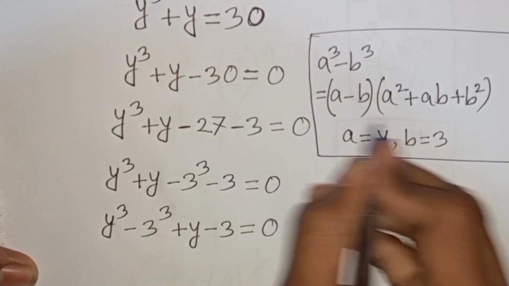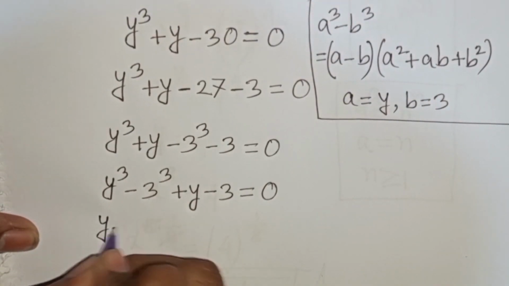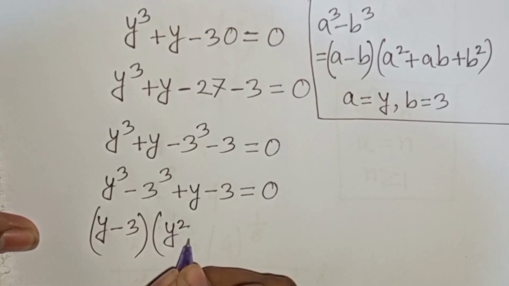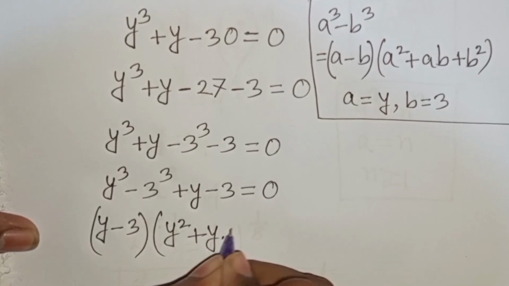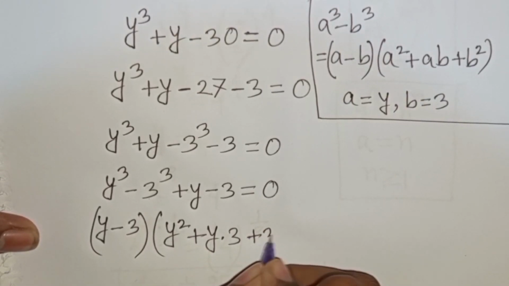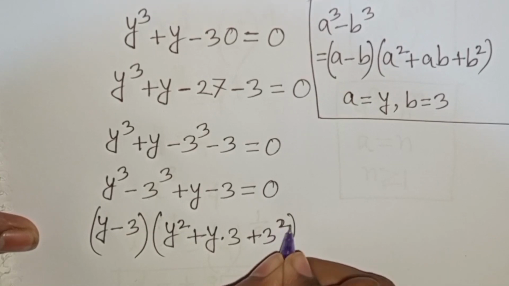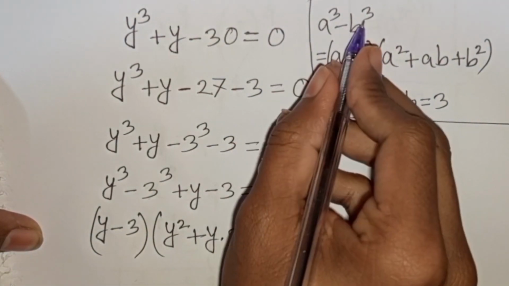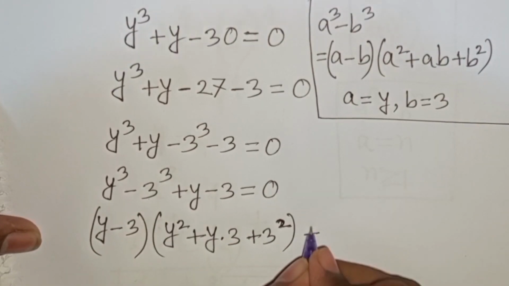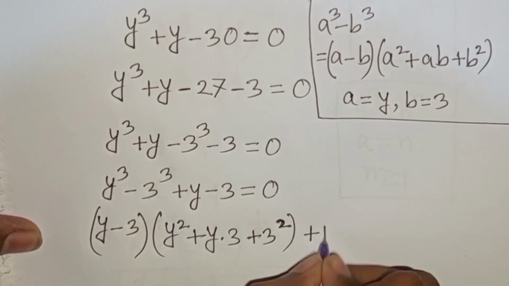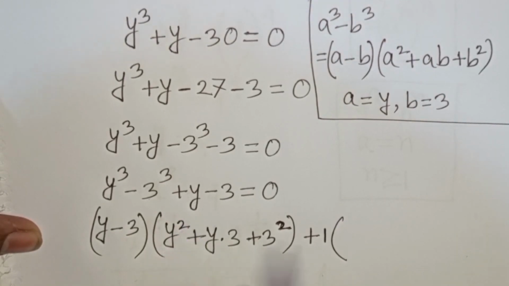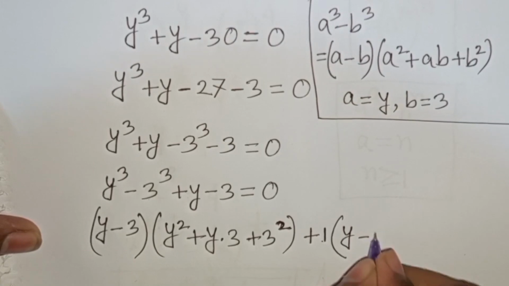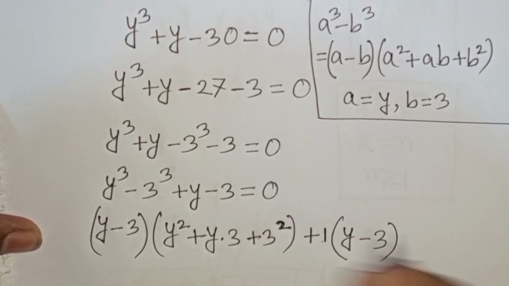So according to this formula I can write here y minus 3 times y square plus y times 3 plus 3 square. That means this is the formula of a cube minus b cube. Then plus, here we take common, plus 1 is common, so plus 1 is out of the bracket, so this divided by this, that means it will be y minus 3 divided by plus 1, that means it will be minus 3, then bracket close is equal to 0.